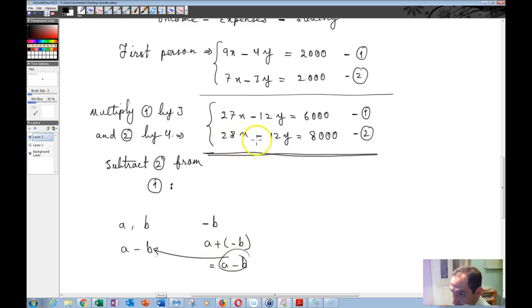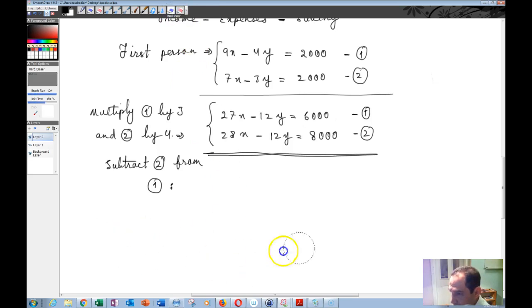So now, in order to subtract 2 from 1, I'll take the algebraic opposite of 2 and add it back to 1. That would be the same thing as subtracting 2 from 1. So I take the algebraic opposite of 2, meaning negative, positive, negative, and then add these three terms together.